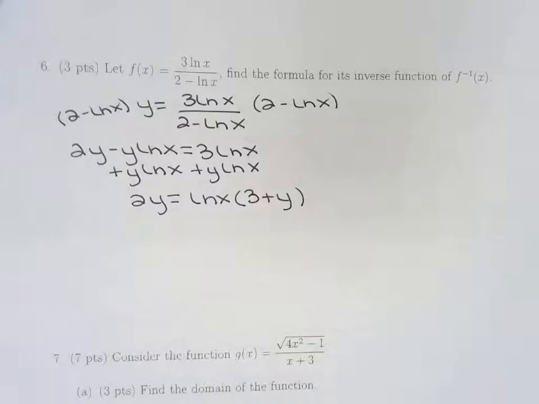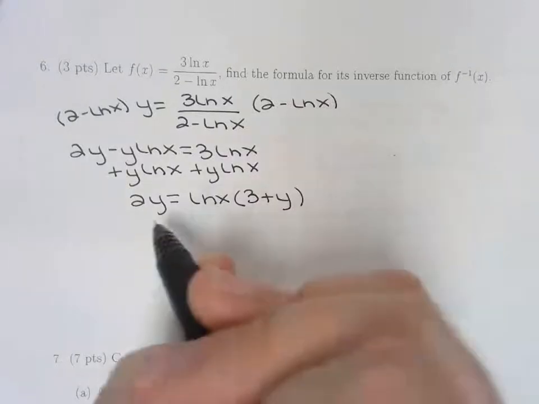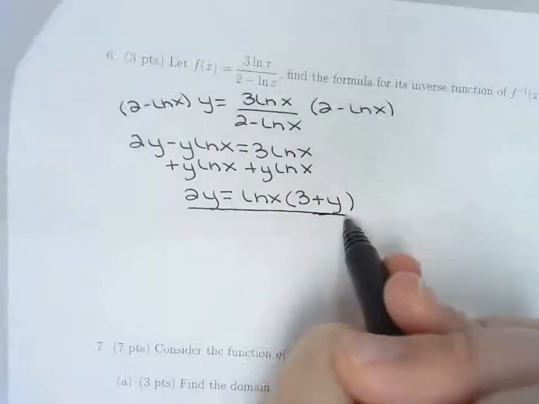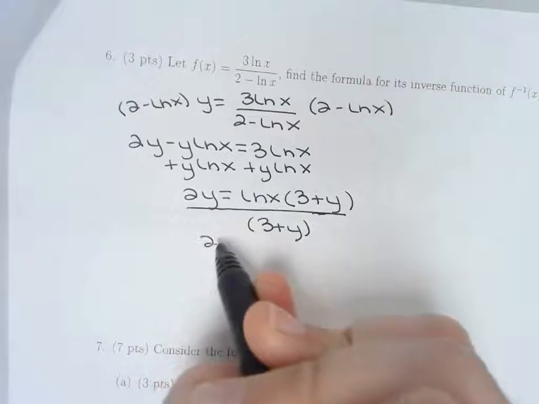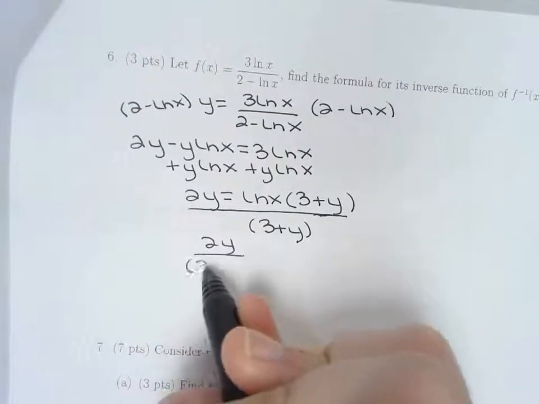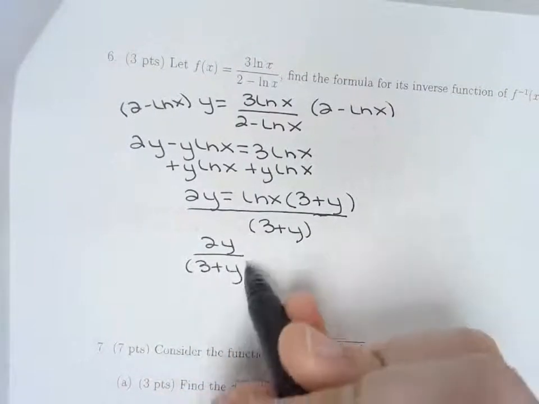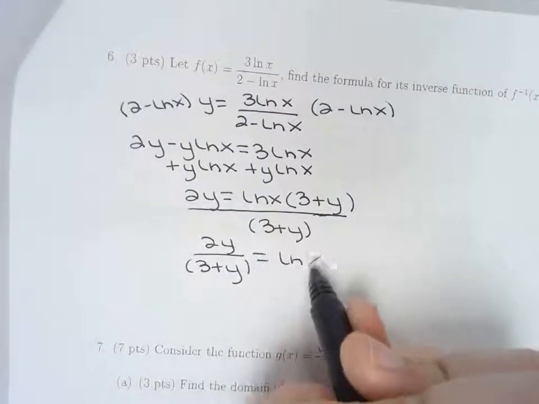And then I like that because that gets a single x now. So I just have x with 1 ln. So then I need to divide by 3 plus y. So 2y over 3 plus y equals ln of x.